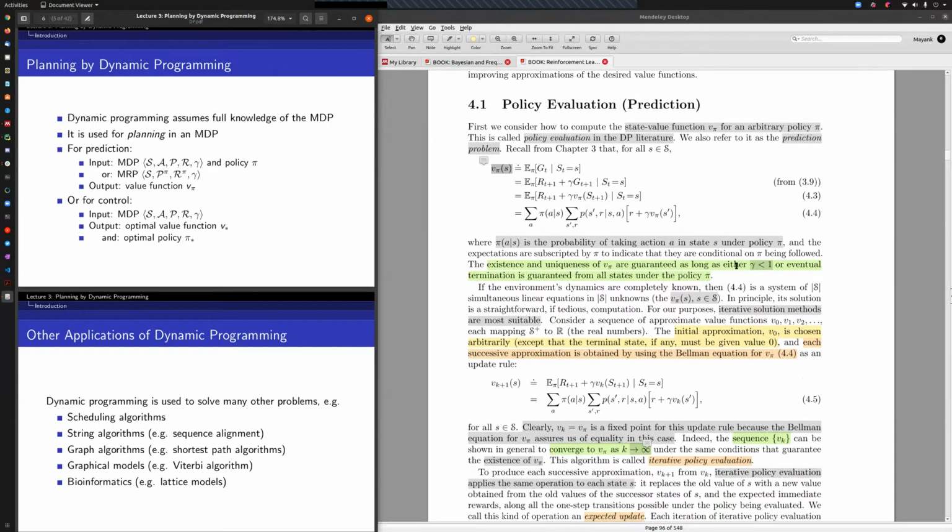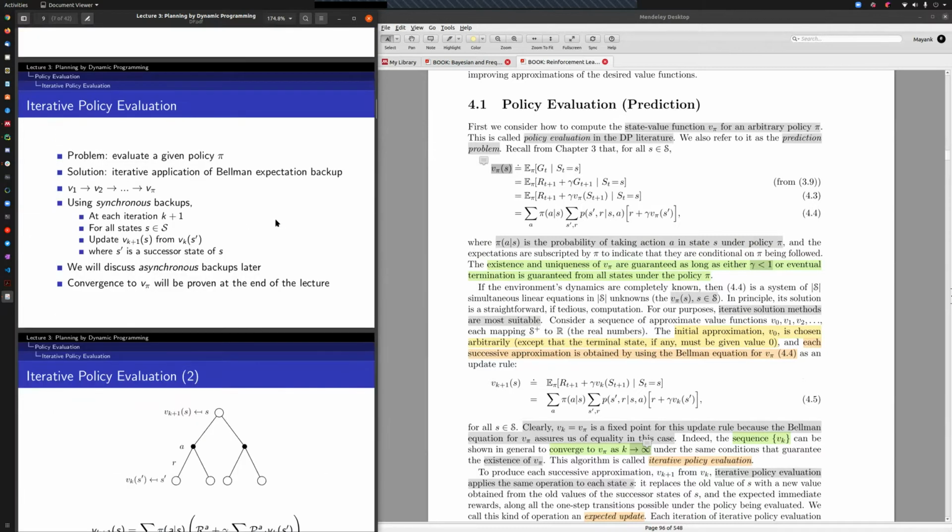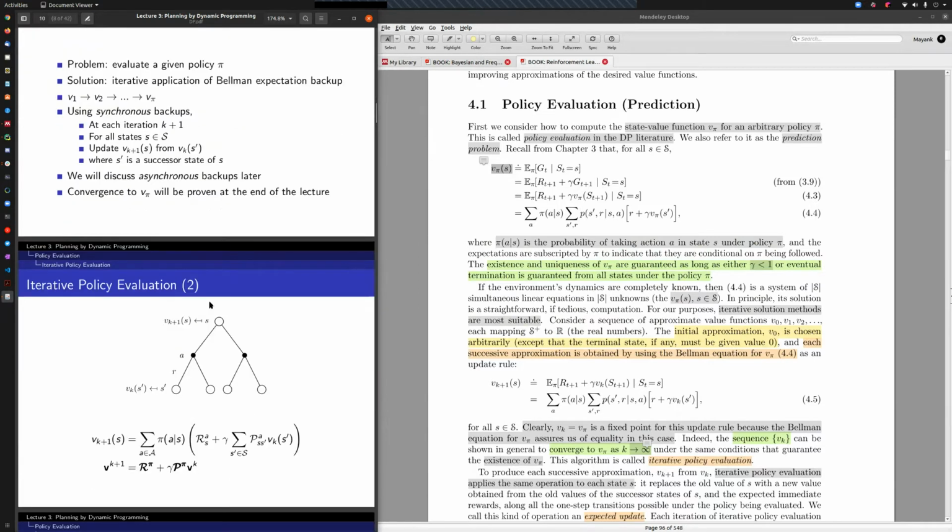So, as we can see, they have defined it here. But let's go through the text first. Then we might look at the backup diagram here. How is it performing, or what does it mean here? In policy evaluation, this is the prediction problem that we are looking at.